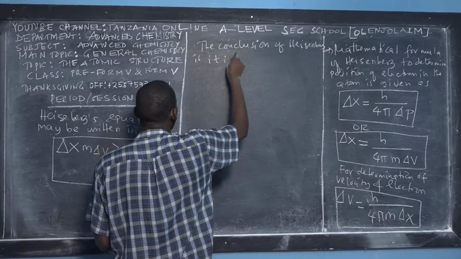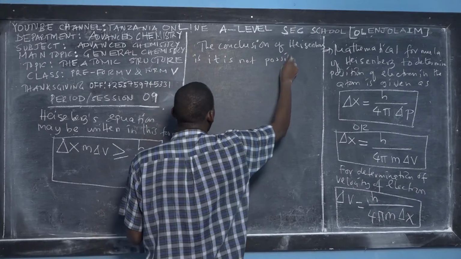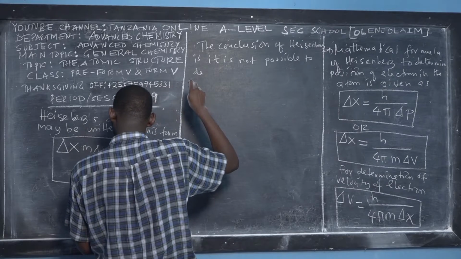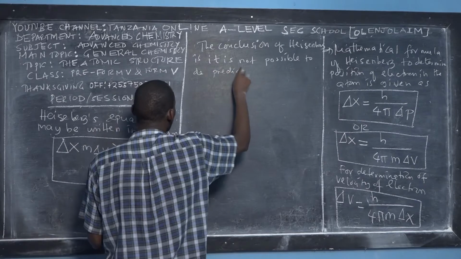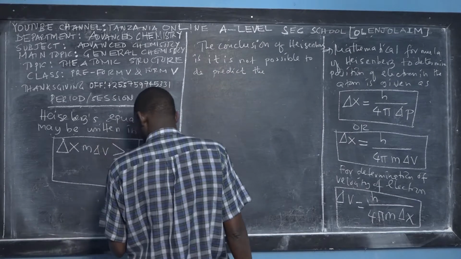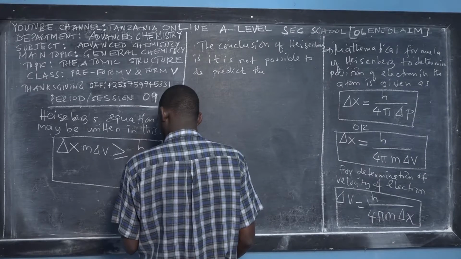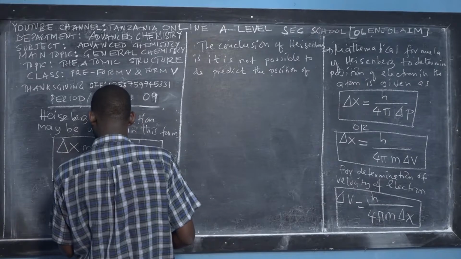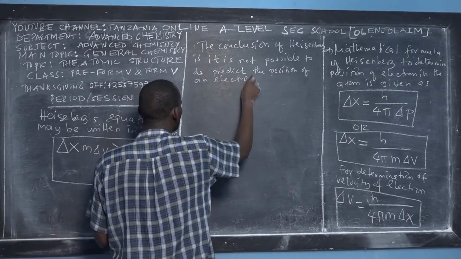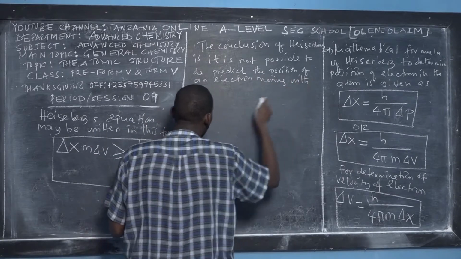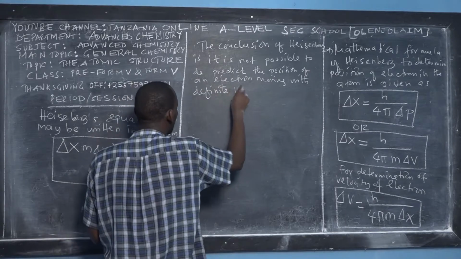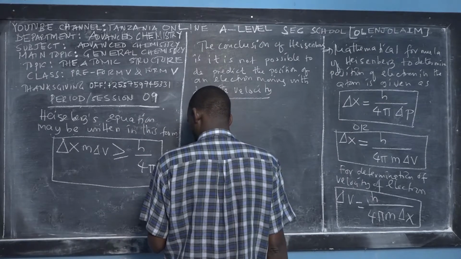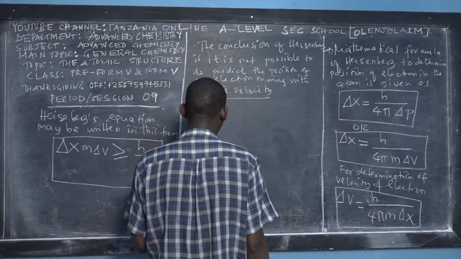it's not possible to predict, to define, the position of an electron moving with a definite velocity.